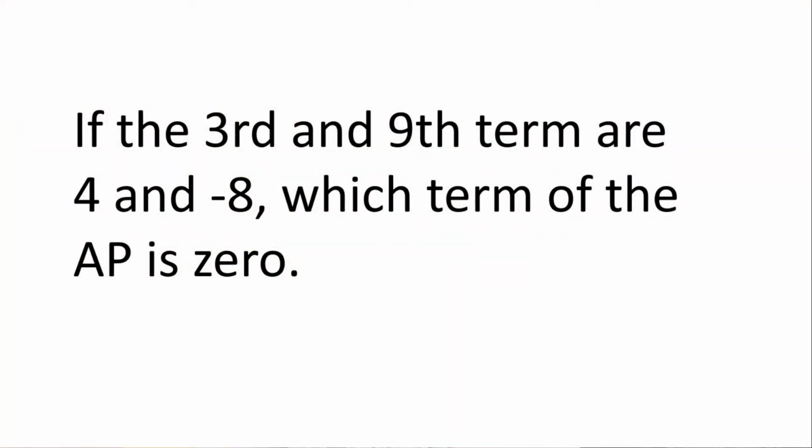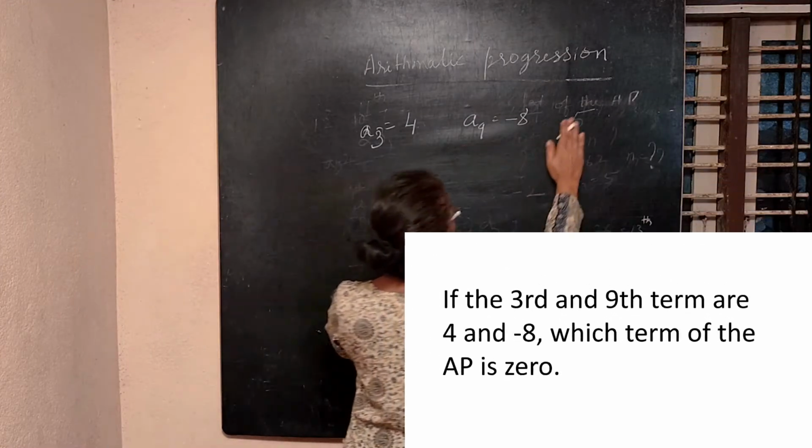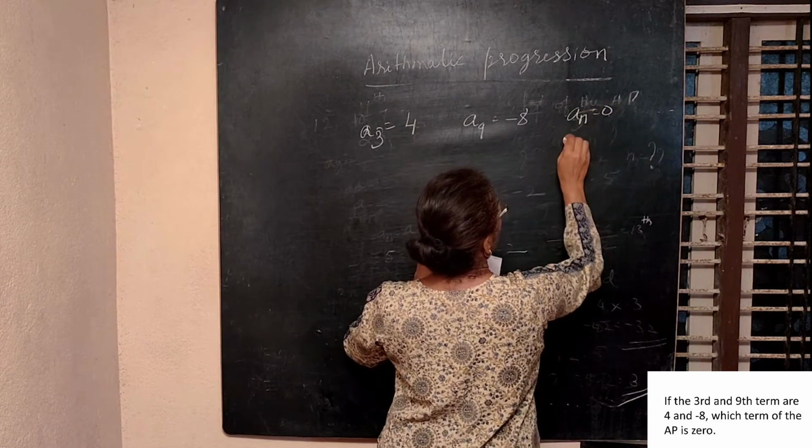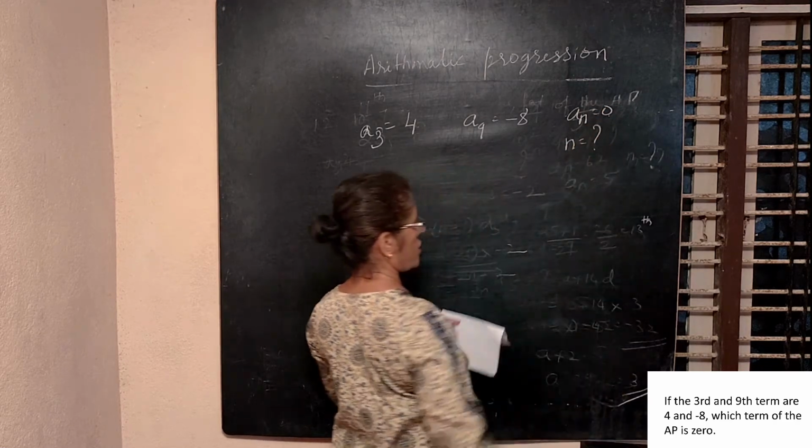If the third and 9th terms are 4 and minus 8, that is A3 is equal to 4 and 9th term A9 is equal to minus 8, which term of the AP is 0? An should be 0. n is equal to what?